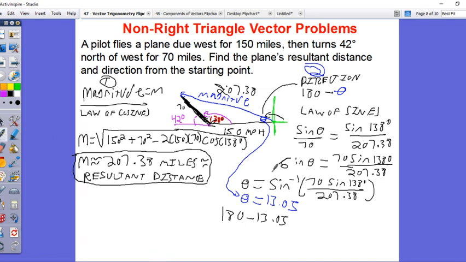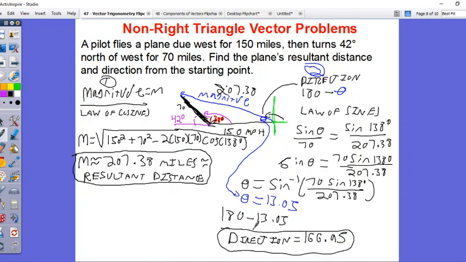So our direction is going to be equal to 166.95. So that's the magnitude, that's the direction. All right, last problem.